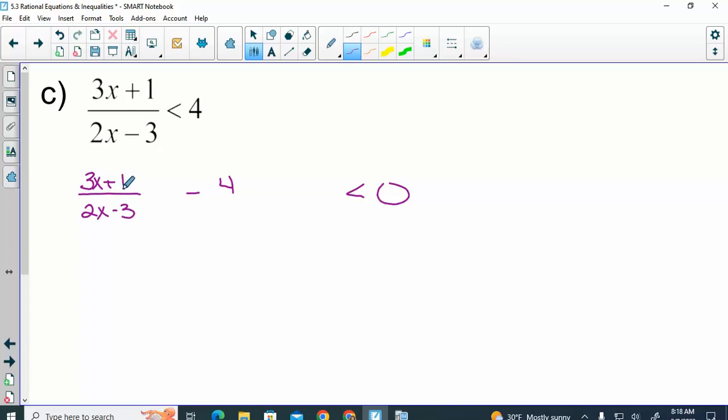No. In order to add or subtract, we have to have a common denominator. This is like 4 over 1. If I want to make a common denominator, what do I have to multiply it by? Let me do it on top and bottom.